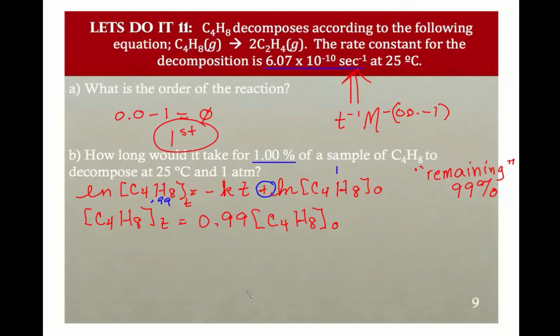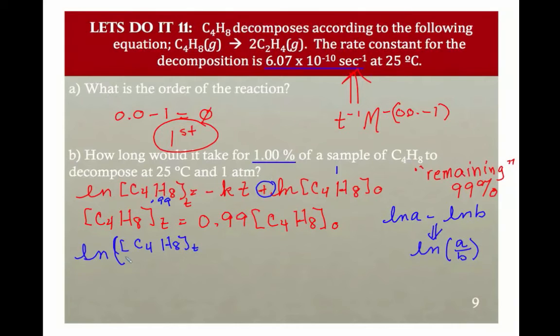If I bring this over to the other side, I'm going to have the natural log of A minus the natural log of B. Well, mathematically, that is equal to the natural log of A over B. So if I do that with my symbols here, I'd have the natural log of C4H8 at time t over C4H8 at time 0 is equal to minus k.